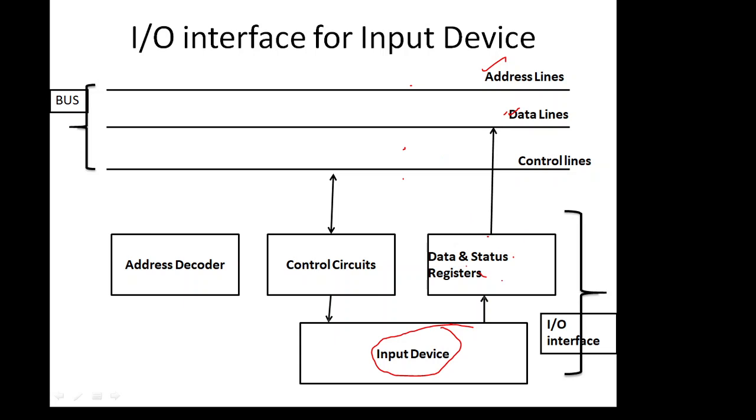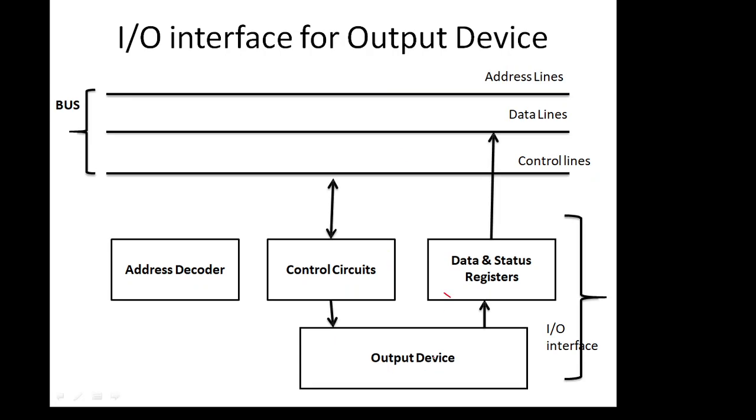If you take the I/O interface for output devices, instead of the input devices, we need to place the output devices here. This is the I/O interface for output devices.